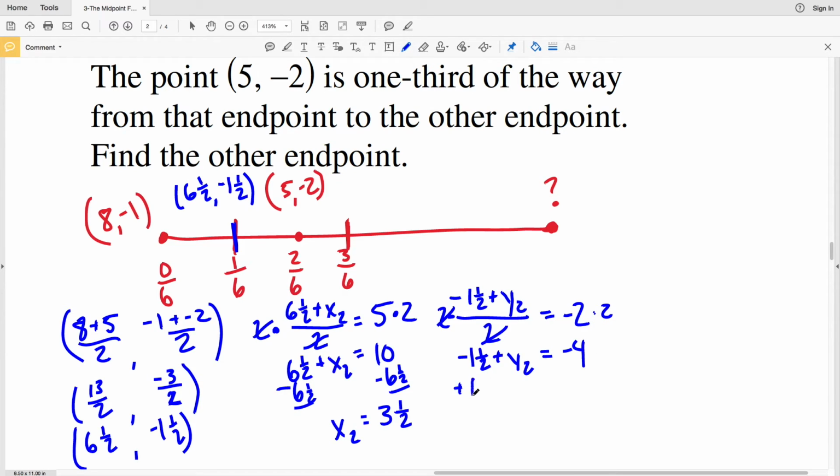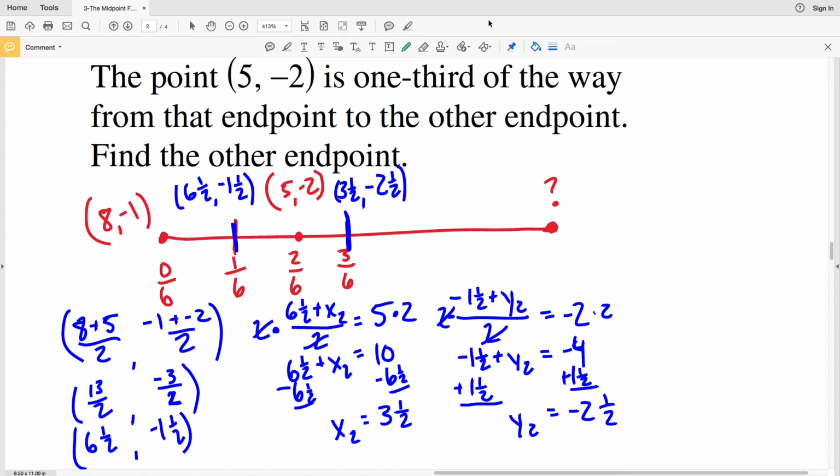So I'm going to add 1 1/2 to both sides to get that y sub 2 equals negative 4 plus 1 1/2, which is negative 2 1/2. So my midpoint is going to be 3 1/2, negative 2 1/2. So this is 3 1/2, negative 2 1/2.